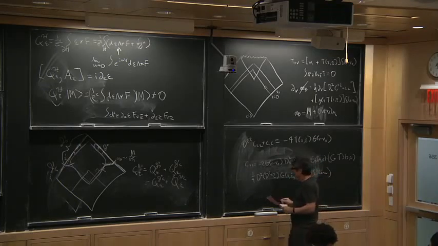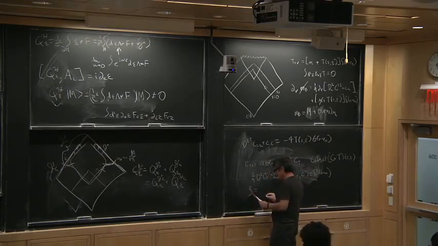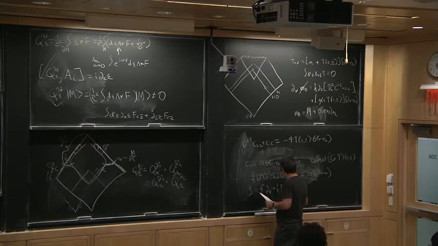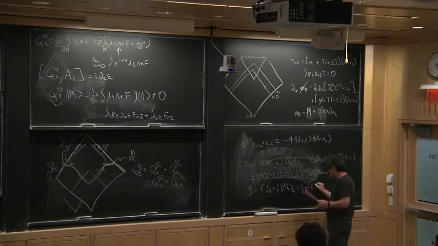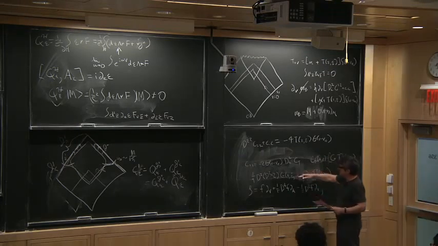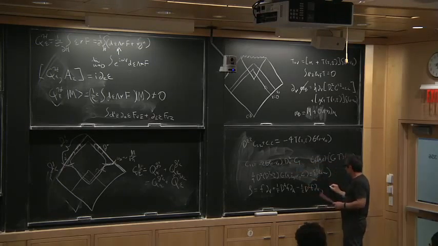And the supertranslations are given, for finite r, in BMS coordinates by an arbitrary function f. These are the infinitesimal vector fields: f d by dv, plus 1 over r dA f dA, minus 1/2 d squared on the sphere f dr. And the supertranslation that joins the region above and below v equals v0 is just f equals ct.